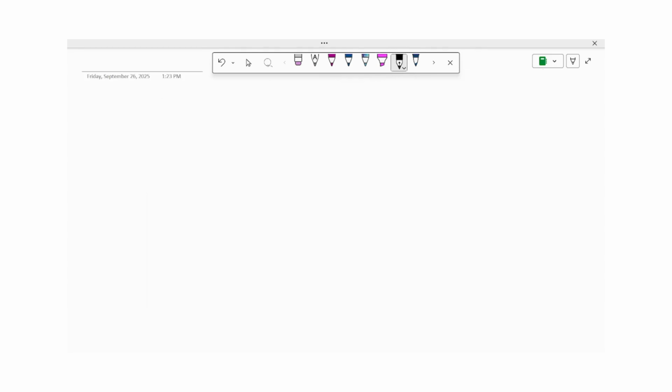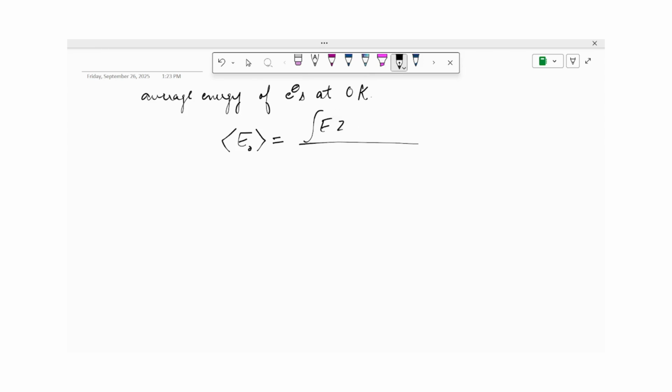Next, we will be calculating the average energy of electrons at 0 Kelvin. Now, to calculate the average energy, which we denote as E naught, we need to integrate energy with the number density, that is E Z(E) dE.